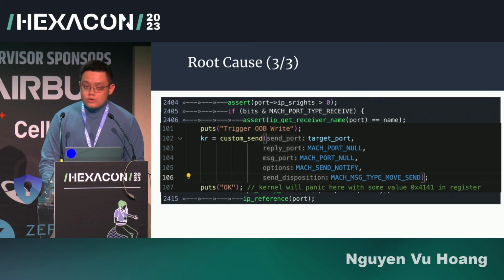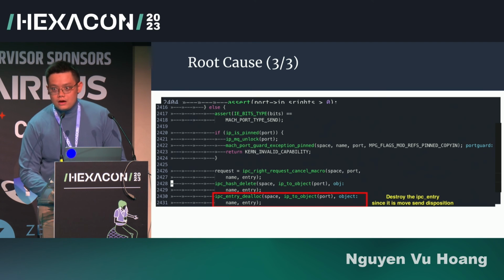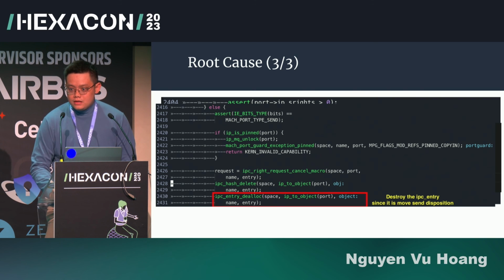Now let's focus on the last custom send, which actually triggers the vulnerabilities. As you can see here, I will grab the Mach message and send it to the target port. There are some arguments you should note: the option MACH_SEND_NOTIFY will satisfy the first condition, and then the send disposition of this send right should be MACH_MSG_TYPE_MOVE_SEND, and this will trigger the function ipc_right_copyin again. But in this case, because the target port only has one send right left and this disposition is move send, it will deallocate the entry of the target port in the current IPC table space.